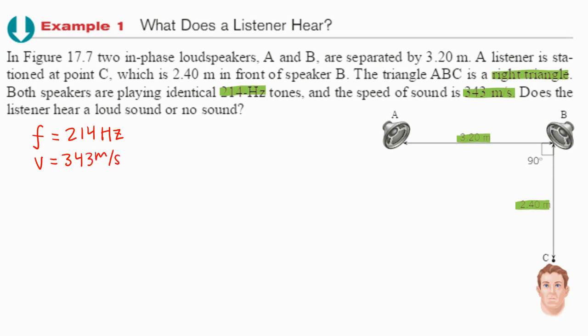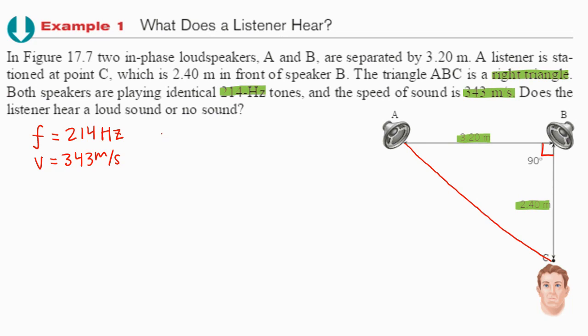Now, the fact that they told us this was a right triangle is helpful because we need to think about how far the sound waves are traveling from A, speaker A, to the person at point C. So we do need to find that distance there. We can do that using Pythagorean theorem.